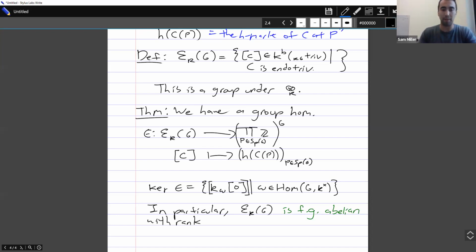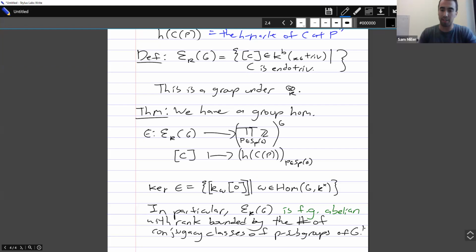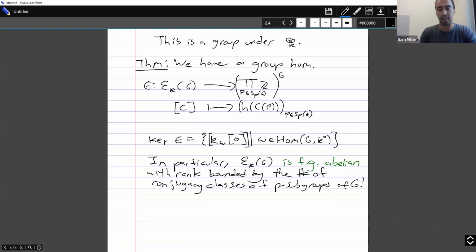With rank bounded by the number of conjugacy classes of p-subgroups of G. And this is actually attained.